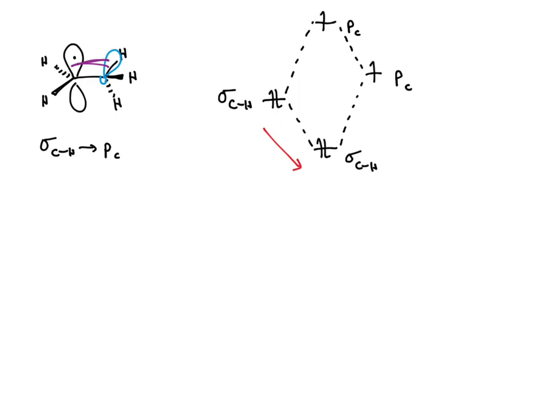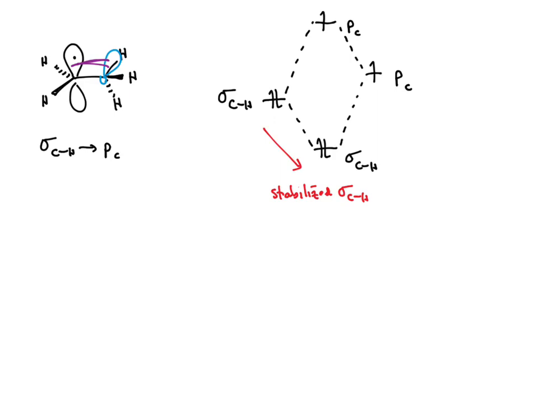And so the net effect is that now you have stabilized the electrons as a whole. You stabilize that lowest energy orbital, that sigma CH, and so in the bonding orbital, you're going to get a lower energy intermediate. Okay?